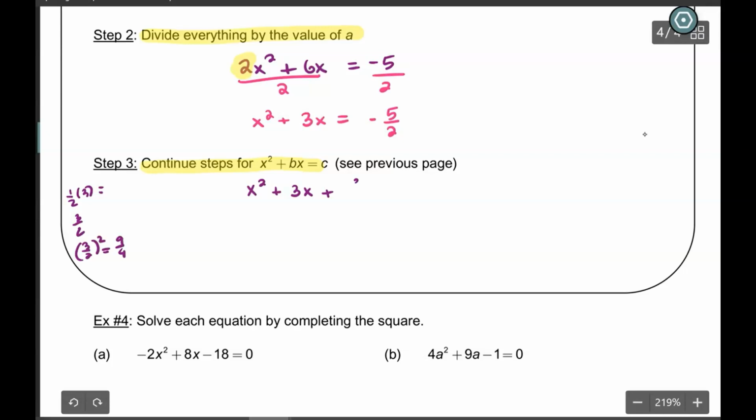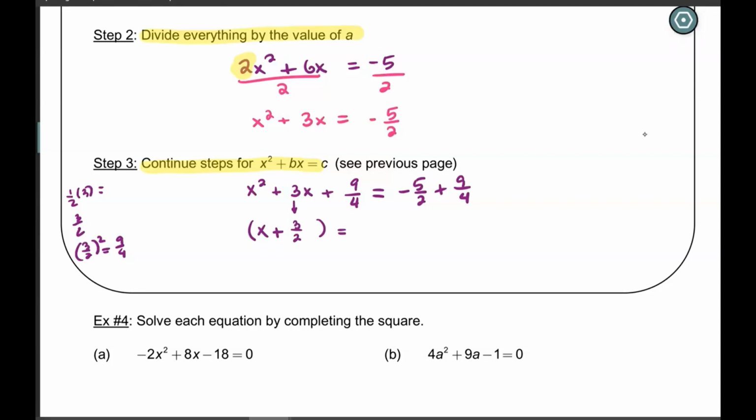That's what I'm going to add to both sides. Complete the square, so it's going to be x plus always half of that middle term, so 3 halves. Again, use your calculator to do negative 5 halves plus 9/4. We get negative 1/4.